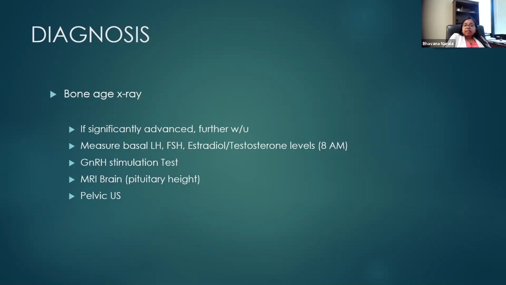If that does confirm that they are in puberty, then you want to get an MRI of the brain to evaluate for any evidence of tumors. You can also get an idea of pituitary height. Over a certain height could be considered pubertal versus prepubertal. And then if there's still some doubt, you get a pelvic ultrasound. There are measurements on how big the ovaries are, and that could help you differentiate prepubertal versus pubertal, and also look at the endometrial lining.